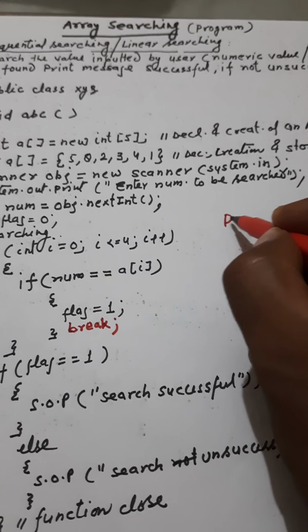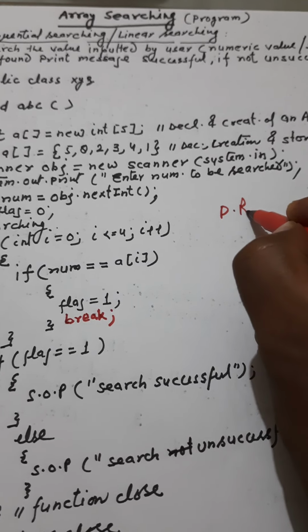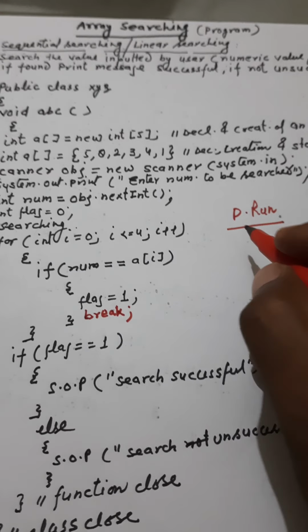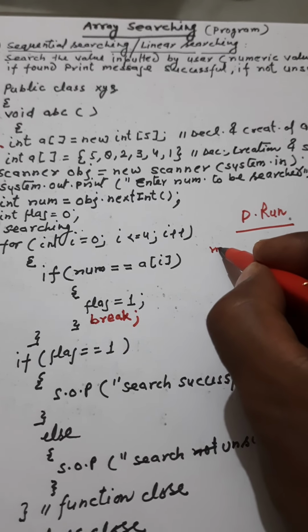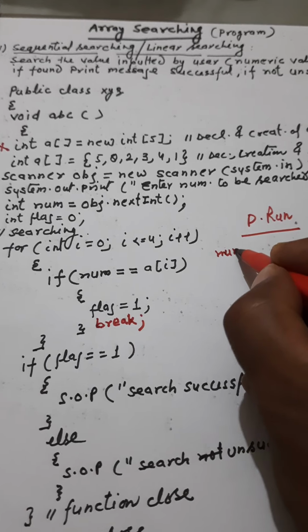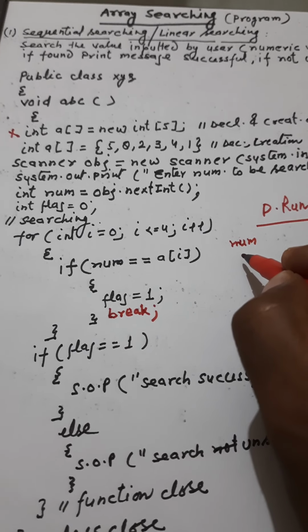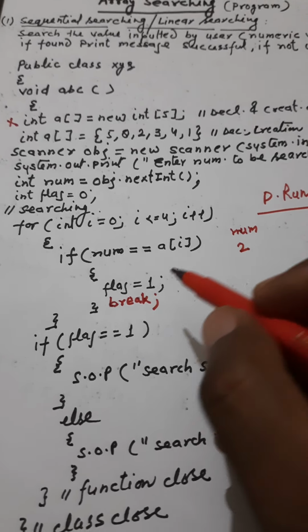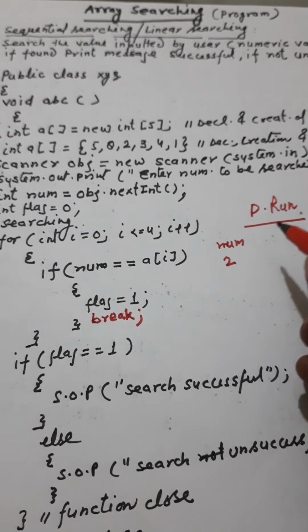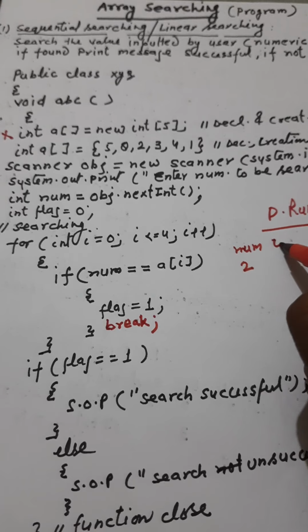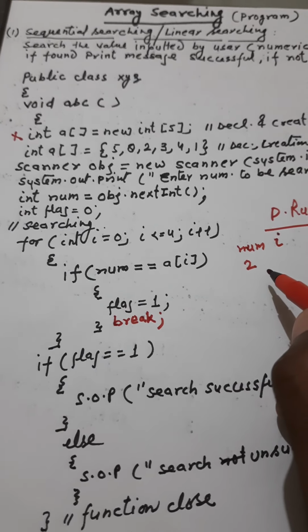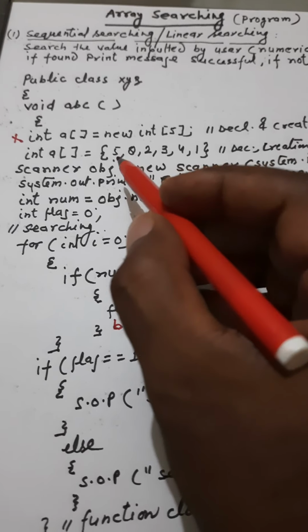Suppose, dry run, we are taking the inputted value. Suppose num is inputted by the user as 2, right? So what will happen? See, i is 0. num means 2. 2 is equal to a0.